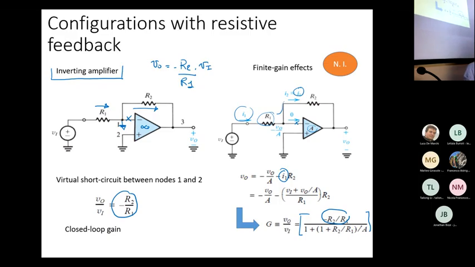You see that the actual denominator is 1 plus a degradation which is induced by the finite gain. Because this denominator is larger than unity, it's 1 plus this term, this means that the actual gain G is less than this.